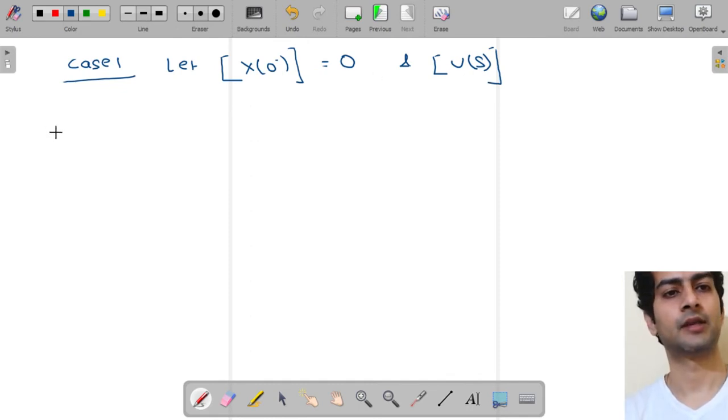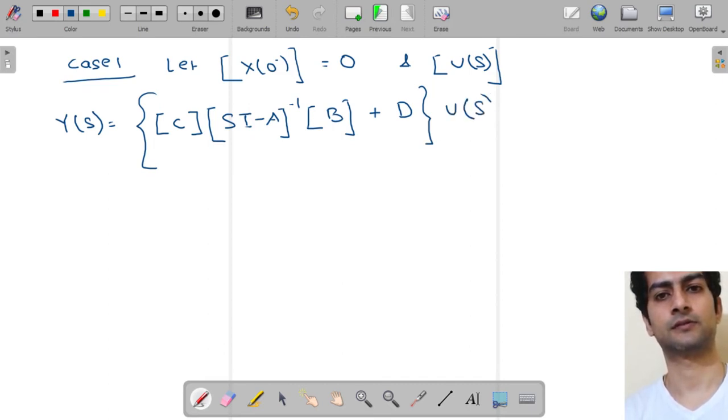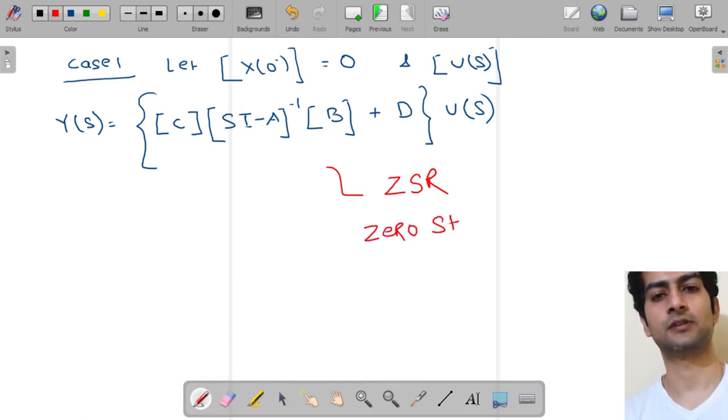Then what will our Y of s be? Y of s will be matrix C, the state transition matrix, B, plus D, times U of s. This Y of s is known as the zero state response.